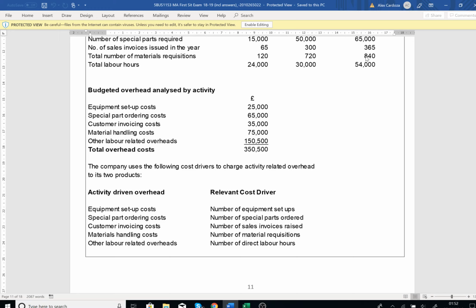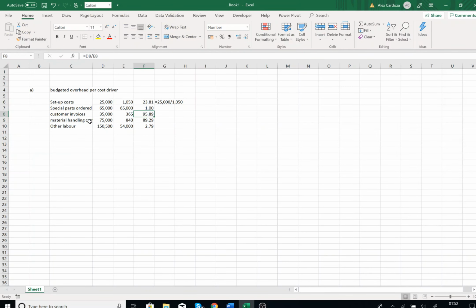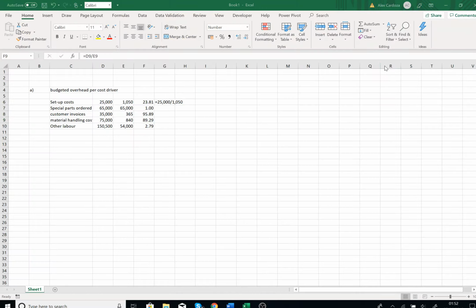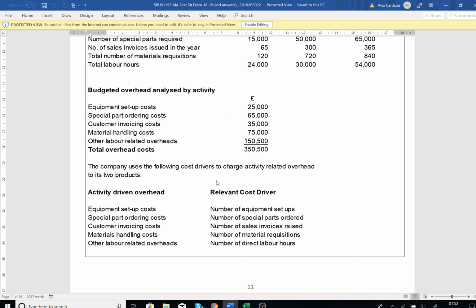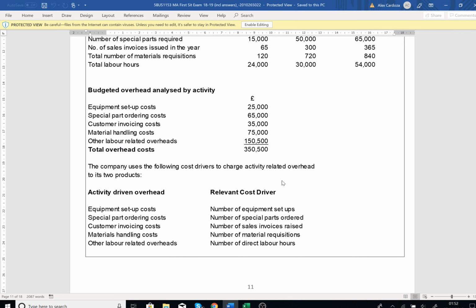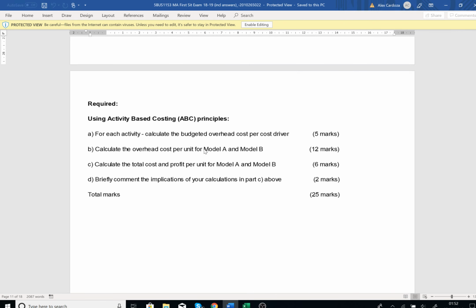So you would take 75,000 divided by 840. And then your other labor-related overheads, this could be whatever they say it is. In this case, it's the number of direct labor hours, so you would use the 54,000 here. You type in 150,500 divided by 54,000 and you get 2.79. And that answers that, because for each activity, you calculate the budgeted overhead cost per driver.